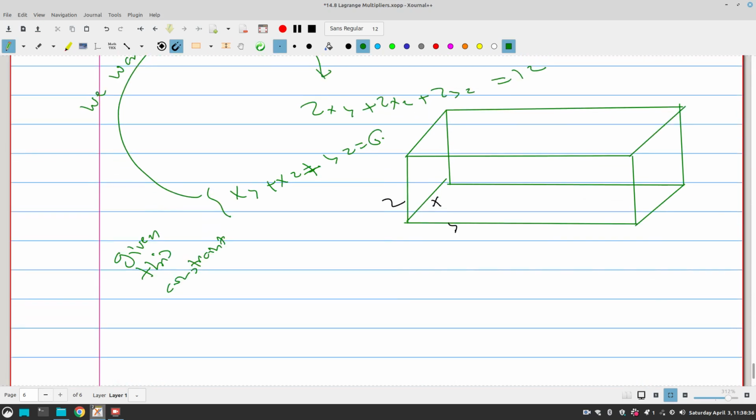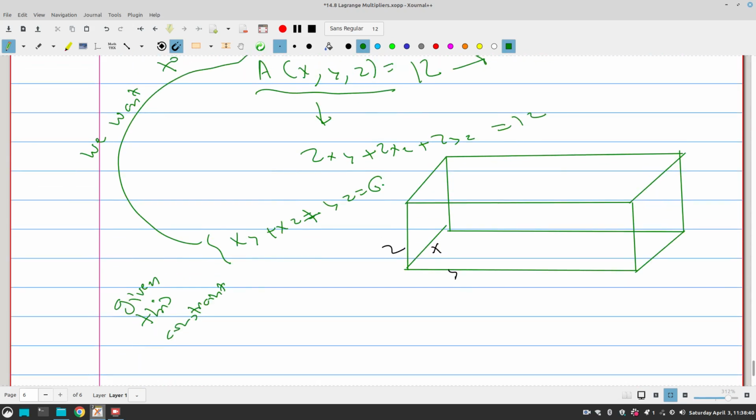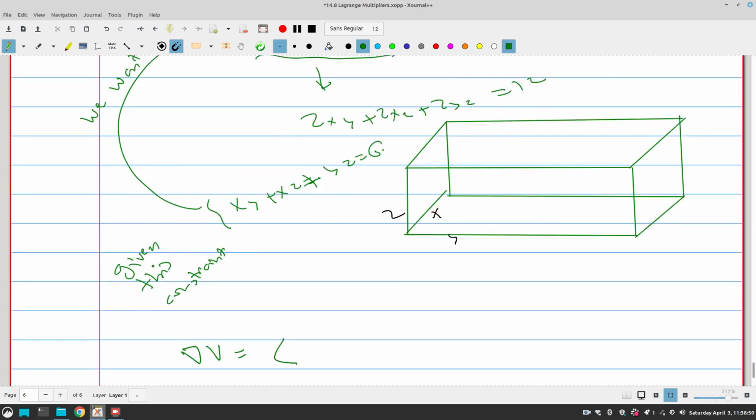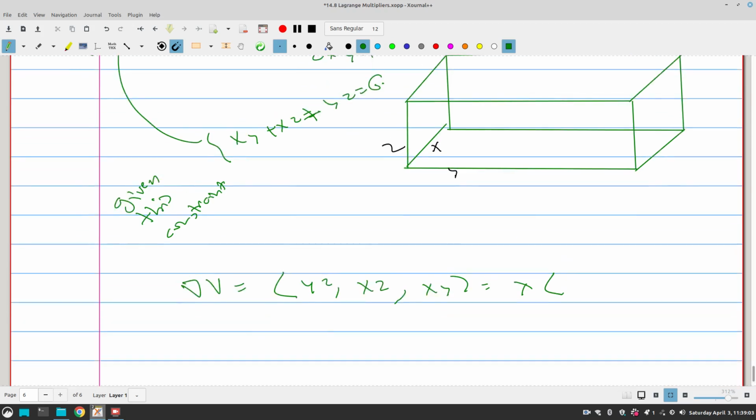Now, constraint del v equals lambda del a. So del v is, of course, given by yz, xz, xy, and this is, of course, equal to lambda del a.